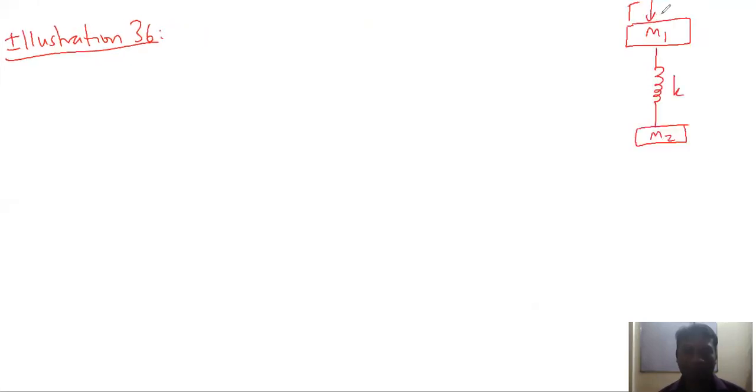Now, moving on to our next illustration, which is illustration 36. In this example, we are given two masses. Let us say M1 connected by a spring having spring constant K, and another mass M2. There is a force applied in the vertically downward direction on mass M1 as shown.